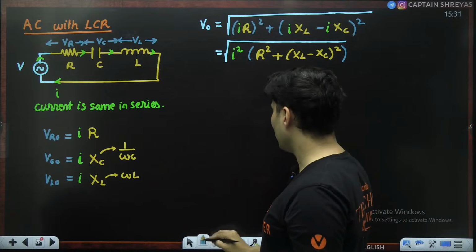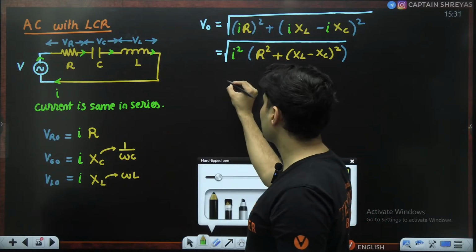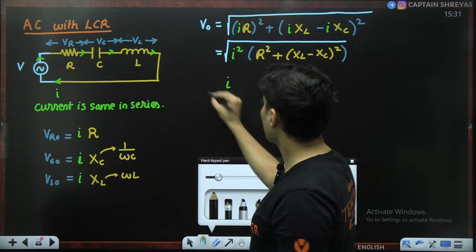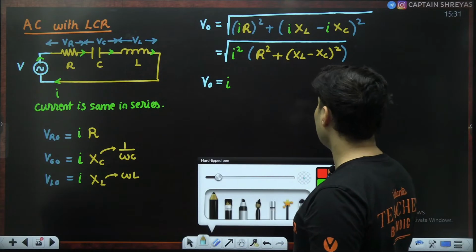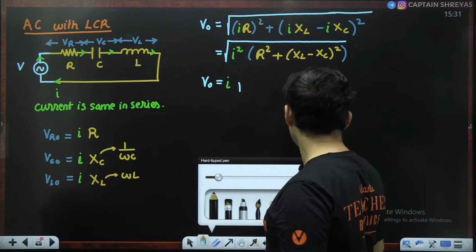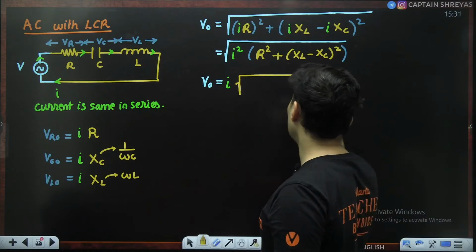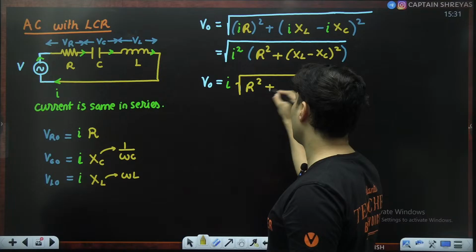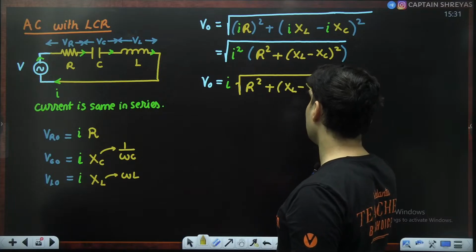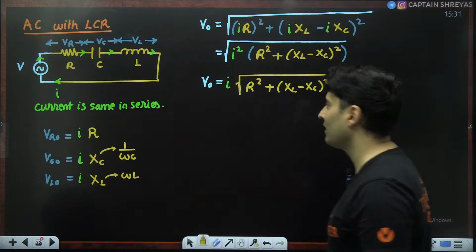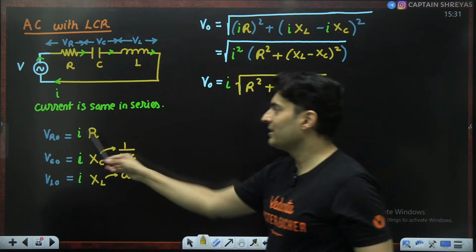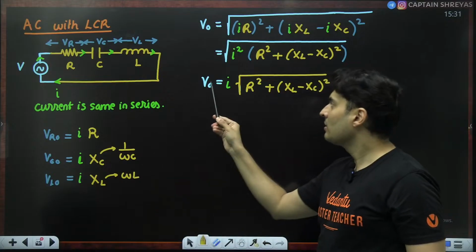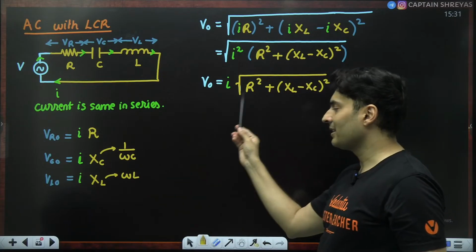I square's root is basically I, so I can just put I over here outside. So this voltage is I into, and here I have basically a root of R square plus XL minus XC whole square. Somehow I am getting very much tempted now. Voltage is current into resistance.